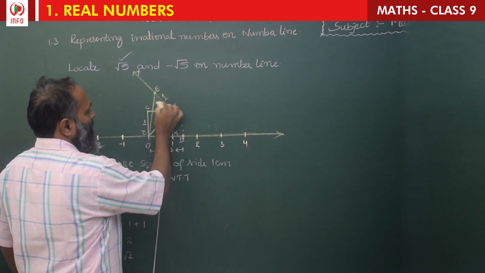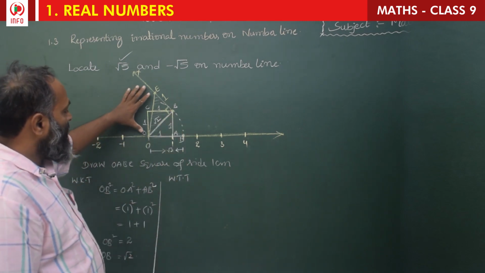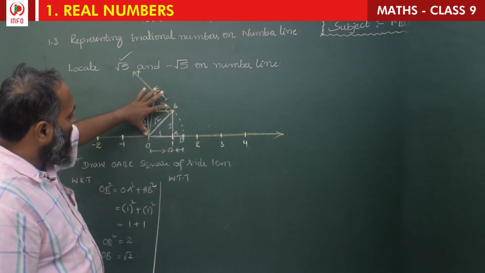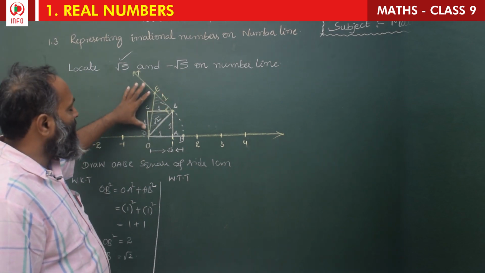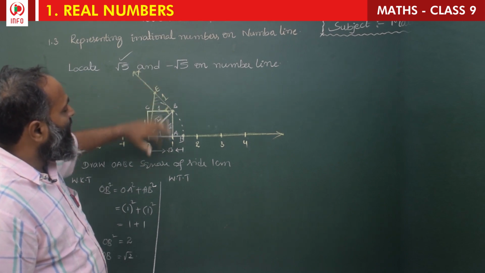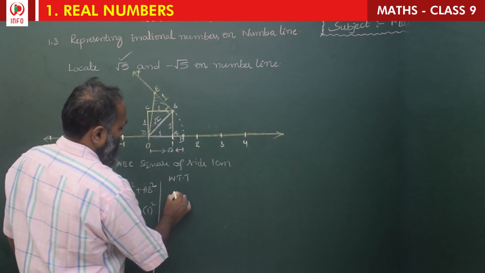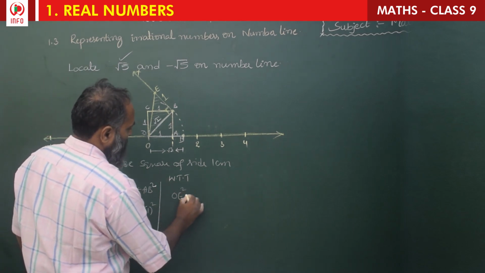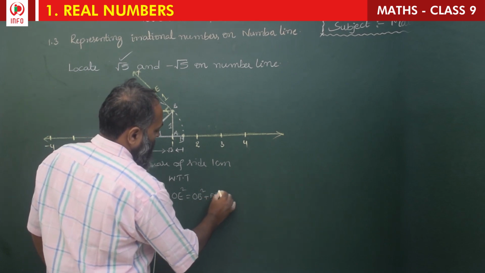Then we know that OBE is a triangle. In triangle OBE, using the Pythagoras formula, the hypotenuse square is equal to the sum of the squares of the two perpendicular sides. We know that OE square is equal to OB square plus BE square.